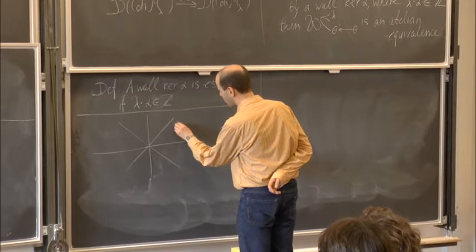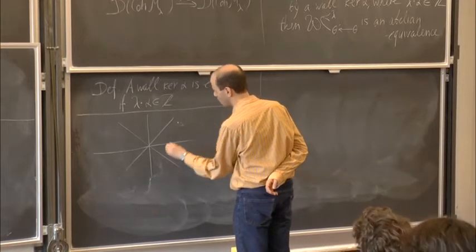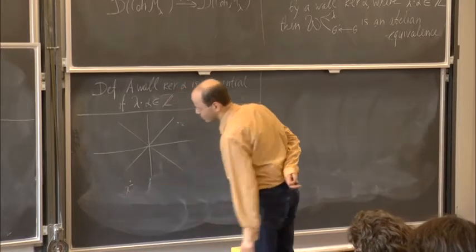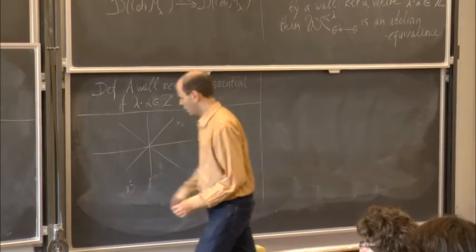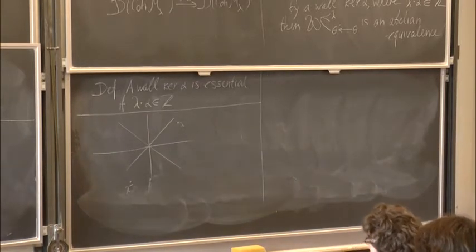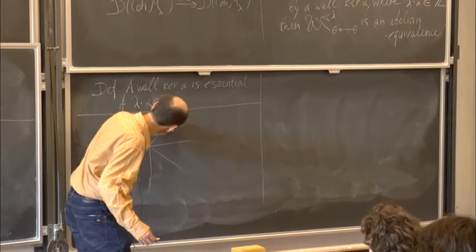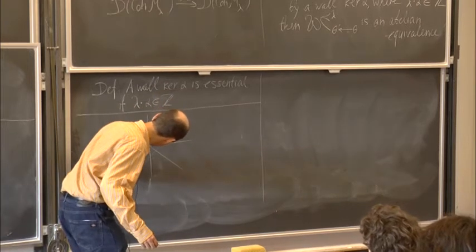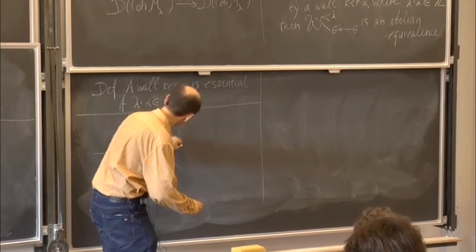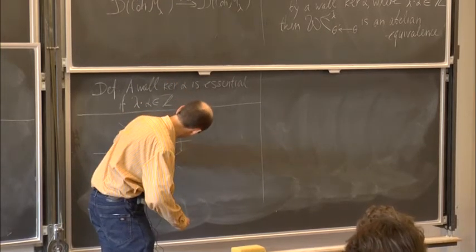So we have some point lambda here, and we want to go to lambda minus. And what we definitely want to do, we want to decompose the long wall crossing function into short ones, like such, such.